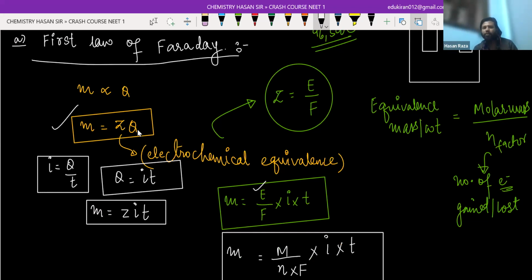M is equal to ZQ, Z is E by F, Q is equal to IT. So you can write ZIT, and in place of Z you can put E by F, IT, where E is equivalent weight, molar mass upon N. In this way, you can easily do this.